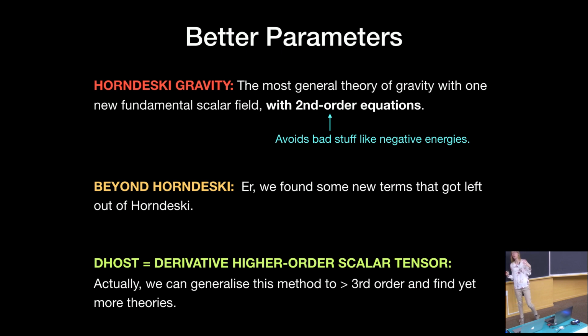If you actually try and do cosmology with it, so you put it on an FRW background, it basically just reduces to Beyond Horndeski. Okay, so don't get misled into thinking this is some separate theory. For most purposes, and certainly for today, you only need to know about Horndeski and this Beyond Horndeski extension.